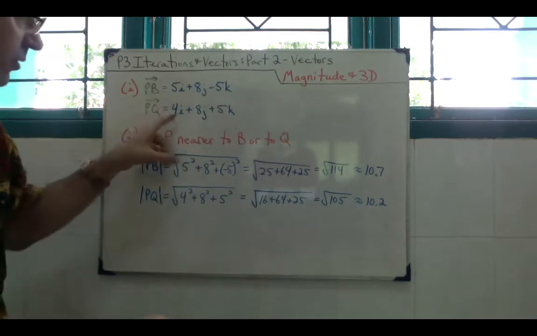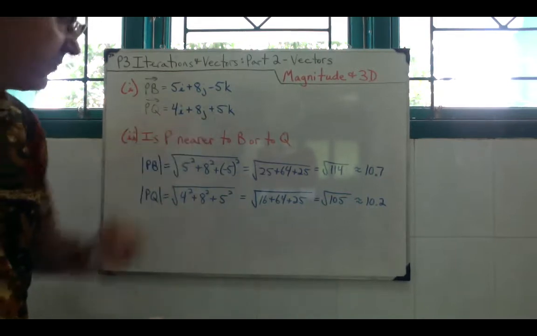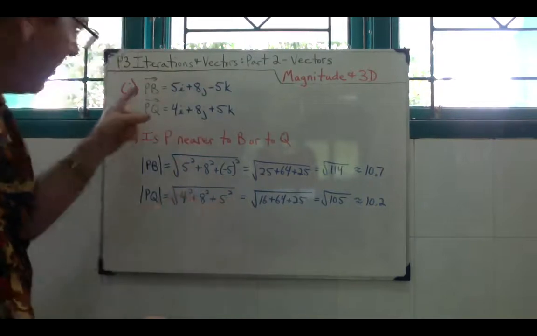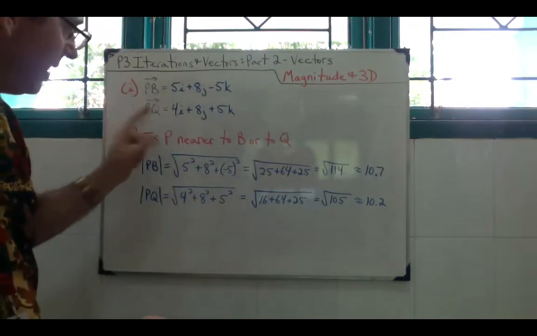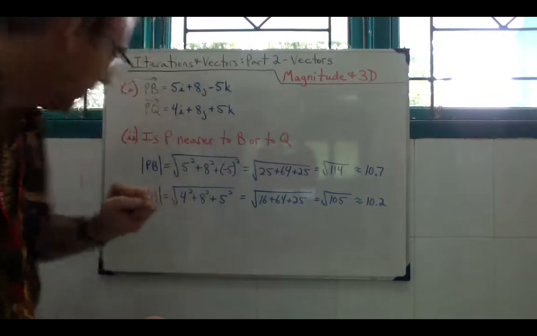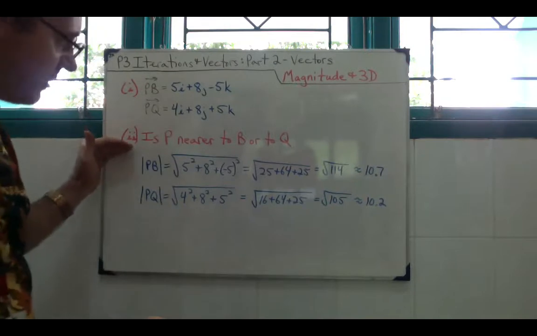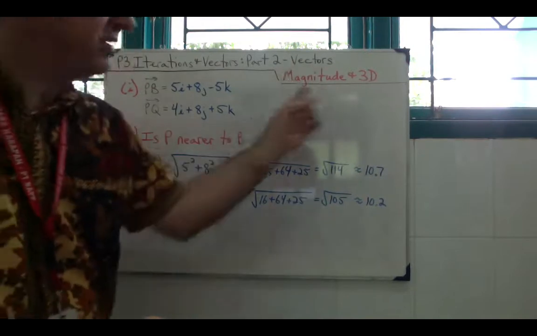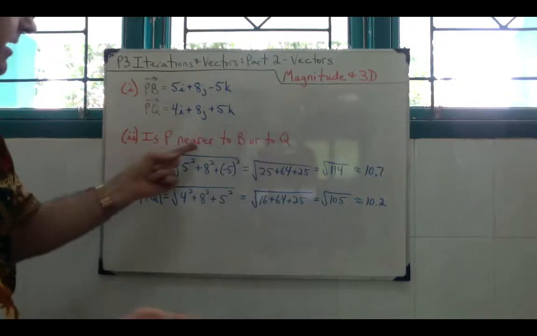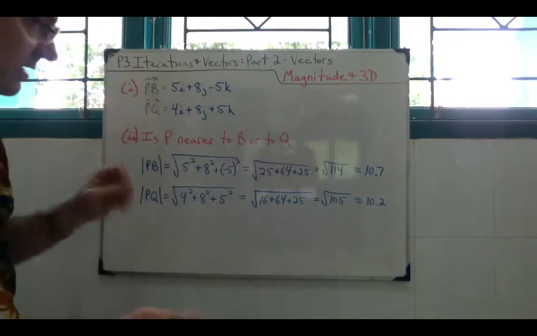Here's PQ, 4I plus 8J plus 5K. That is the directions on how to get from P to B and from P to Q. It's in component form. Now we want to answer the next part of the question because it deals with magnitude. So is P nearer, closer to B, or is it closer to Q?